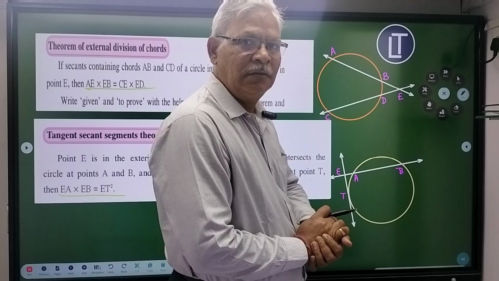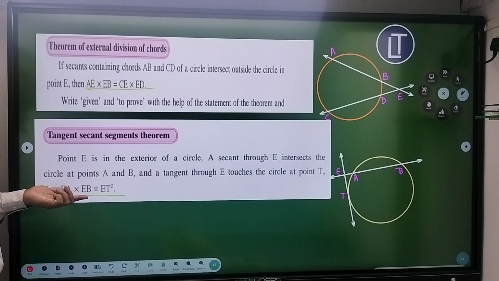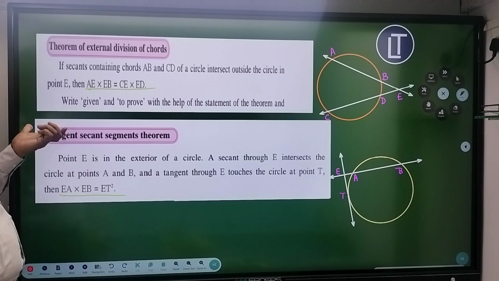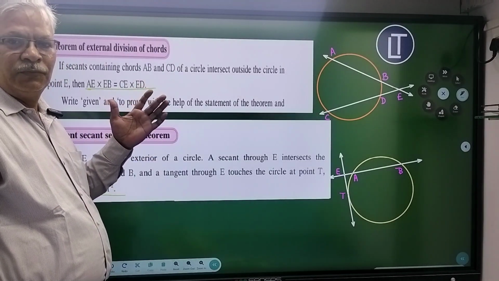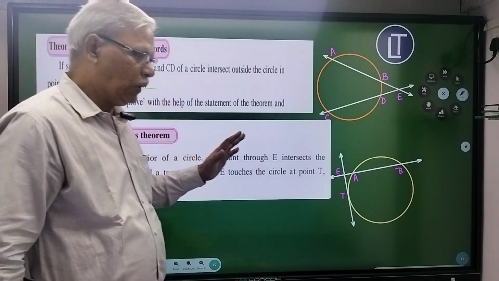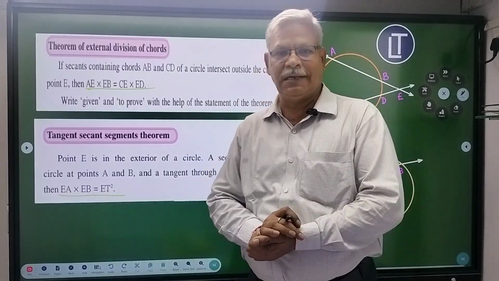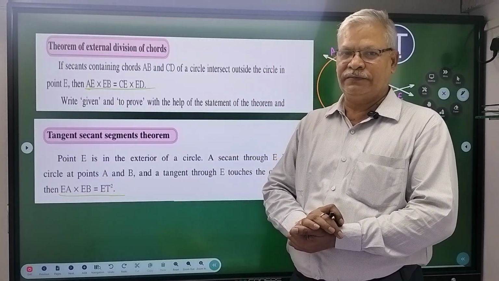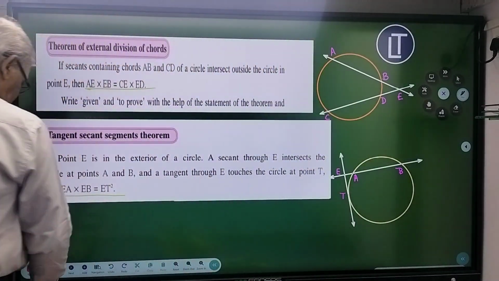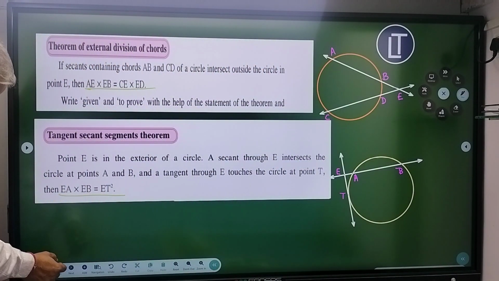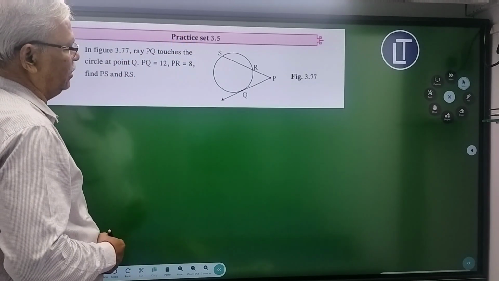Then this is the tangent. When you are using this formula, you have to write there, that is tangent second segment theorem. Using all these theorems, we are going to solve practice set 3.5.